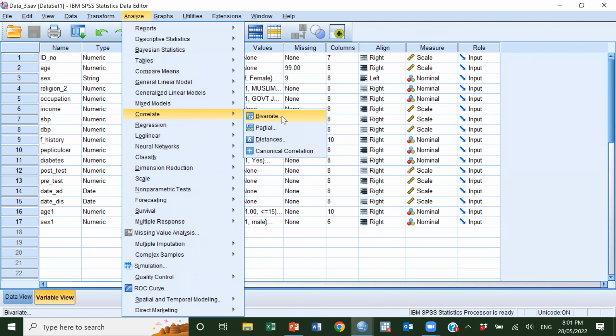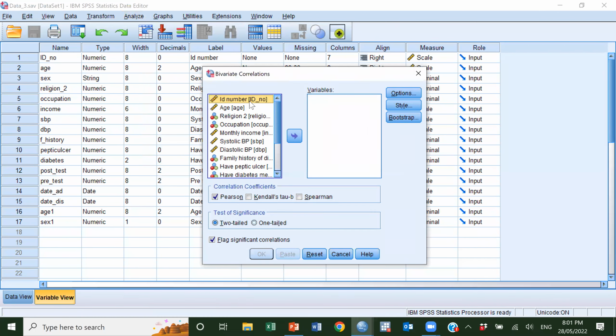Have you done it? Yes, sir. So we said that we are interested to find correlation between systolic and diastolic blood pressure. So select these two variables and push them into the variables box.